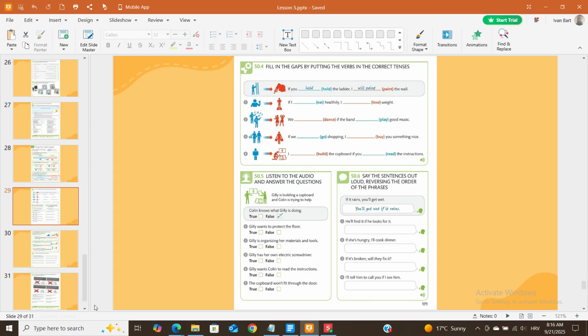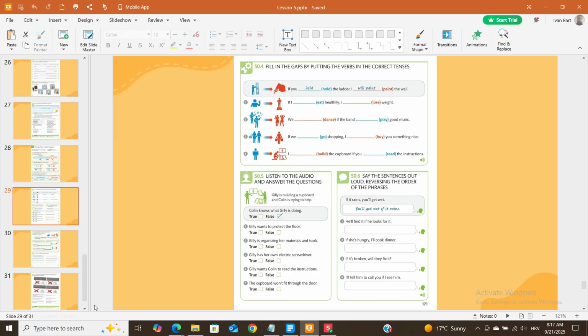50.5 Listen to the audio and answer the questions. Gilly is building a cupboard, and Colin is trying to help. False. Colin knows what Gilly is doing. True. Gilly wants to protect the floor.